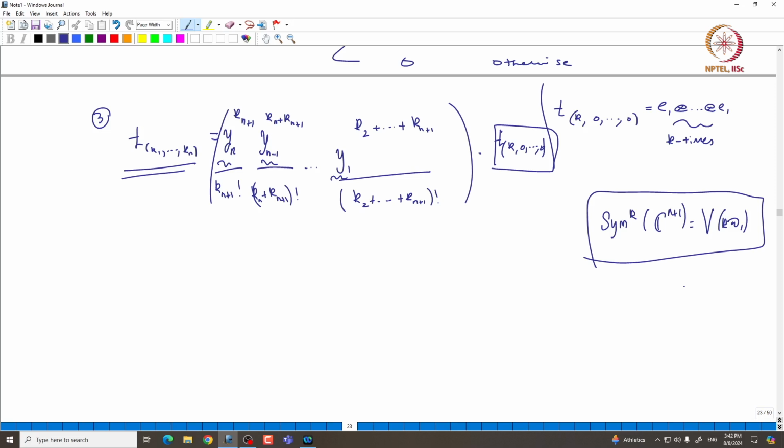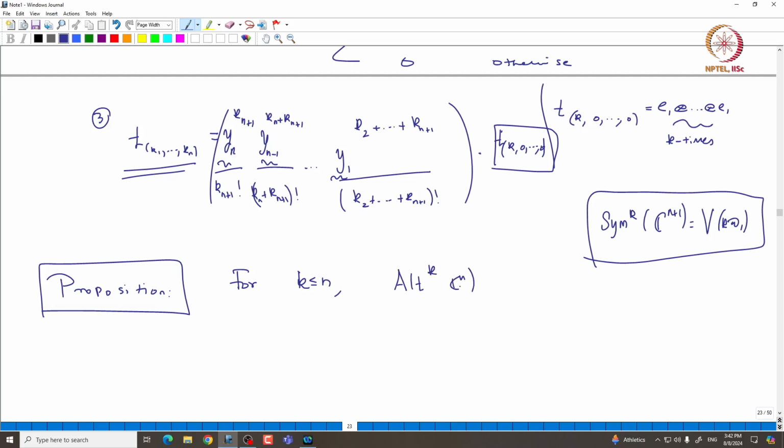So, now we will construct other fundamental representations. Okay. So, maybe I will state it as a proposition. So, if you take any k which is less than or equal to n, then we can look at this alt k C n plus 1.